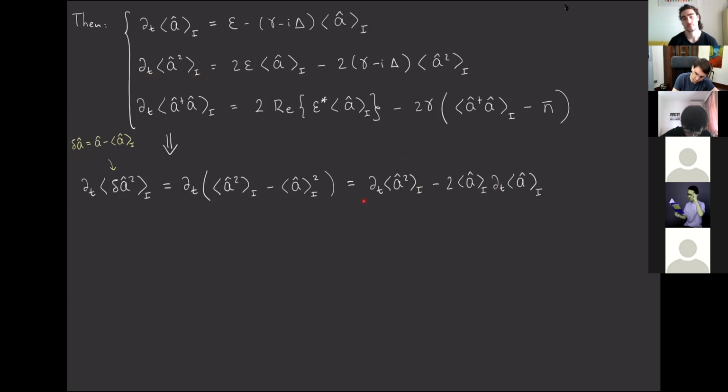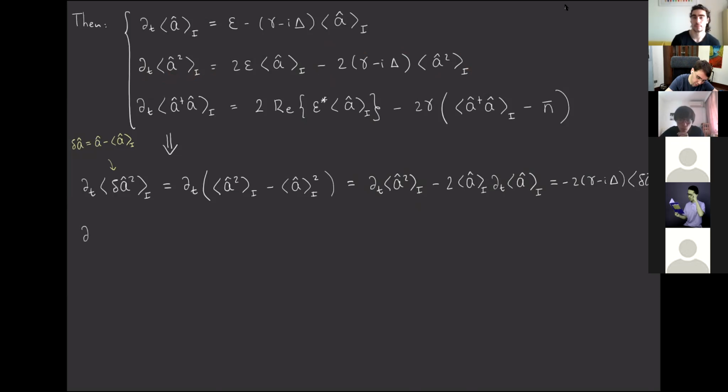When you compute this expression, it collapses to something much simpler, which is just this part in here. So we get exactly this part that we had in the evolution of the second order moment.